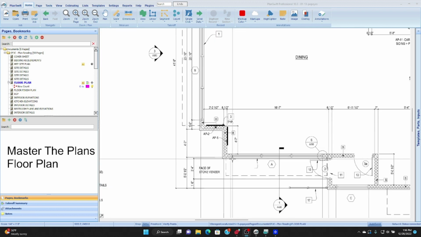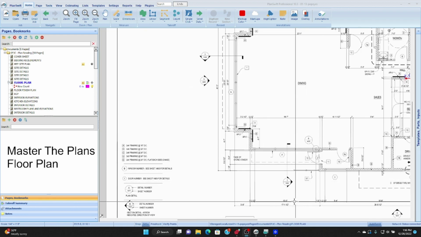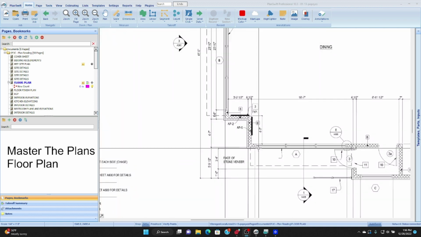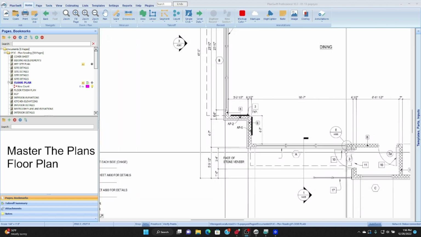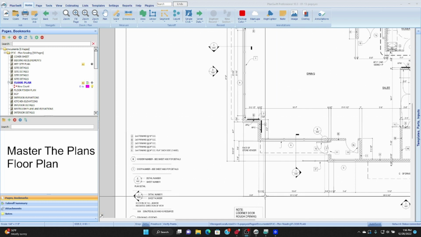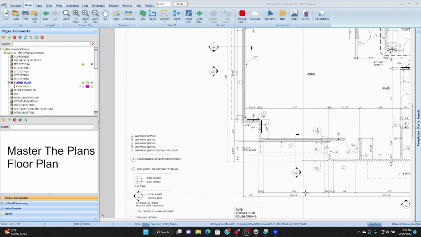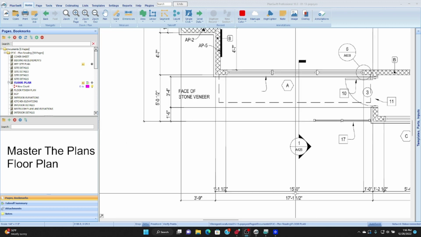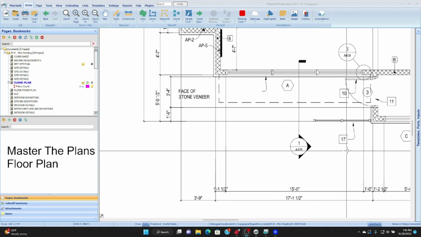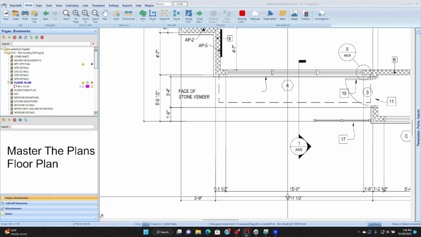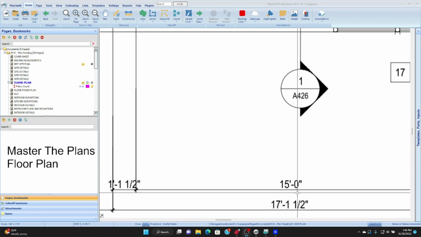Here's a second example. If we want to know the length of the window itself, the window begins here and ends there. And we see that we have a line here and a line here. Okay, and so if we go to this line, we can tell that the width of that window is 15 feet.